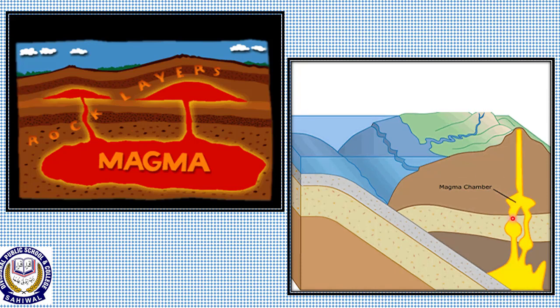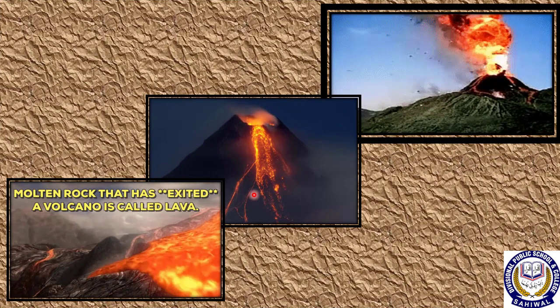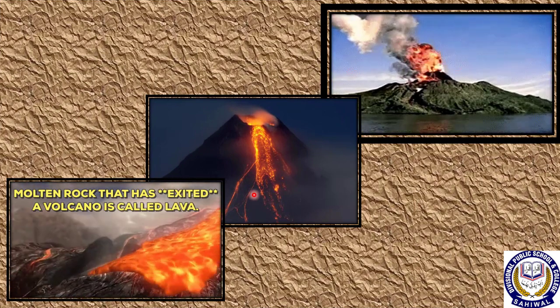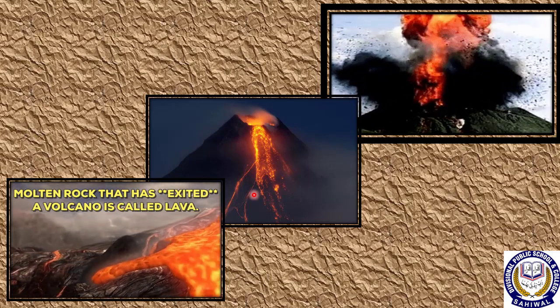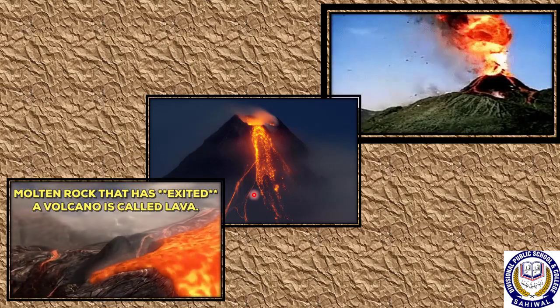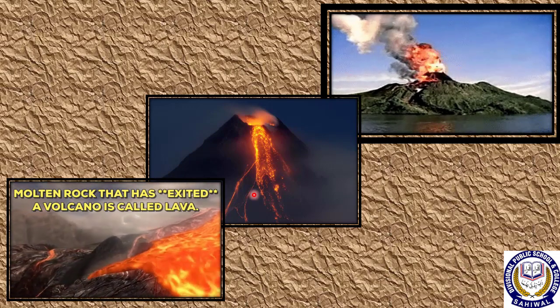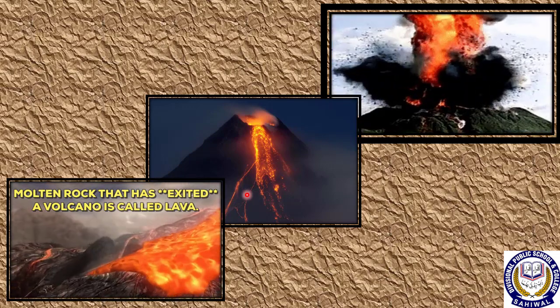Here there is a magma chamber from where magma comes out. As shown over here, it is present underground. Then molten rock that we have already discussed, that magma which is present underground. Magma is found beneath the surface of the earth.